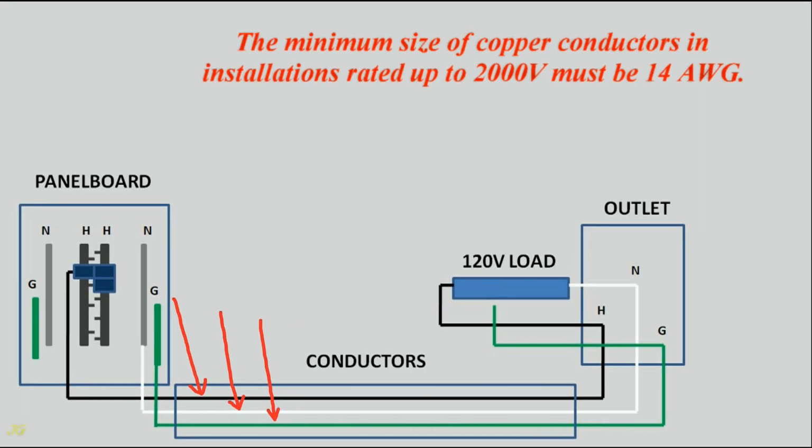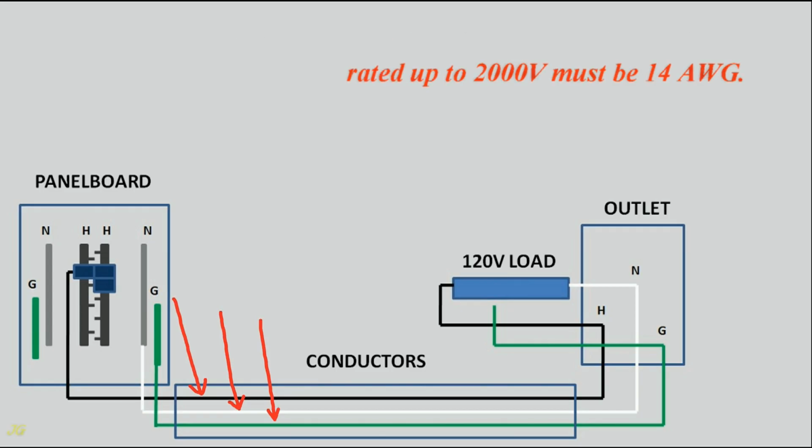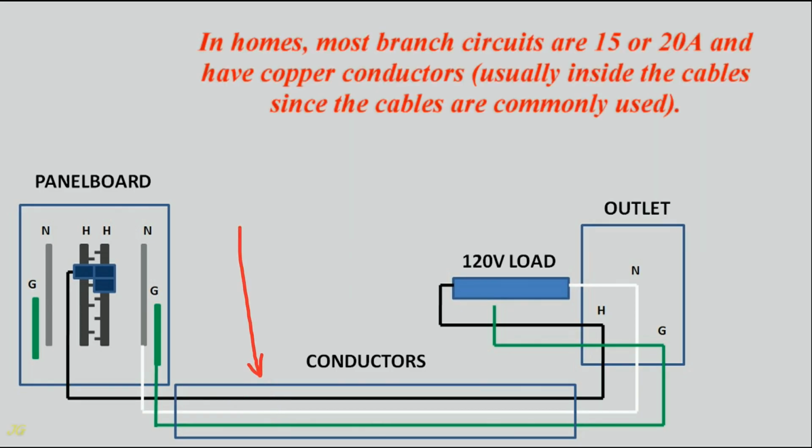The minimum size of copper conductors in installations rated up to 2000 volts must be 14 gauge. In homes, most branch circuits are 15 or 20 amps and have copper conductors, usually inside cables, since cables are commonly used.